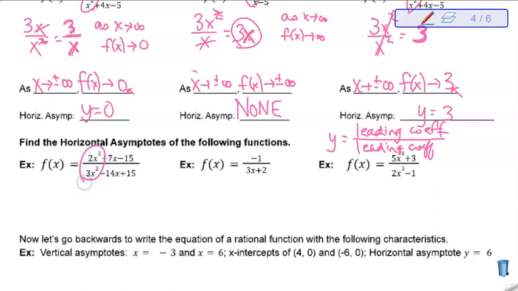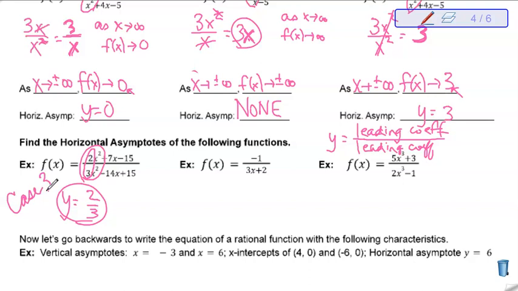You just have to realize that I take the ratio of the leading coefficients of both of those leading terms. So here, my horizontal asymptote would be y equals 2/3. This is case 3, where our numerator and our denominator have the same degree.